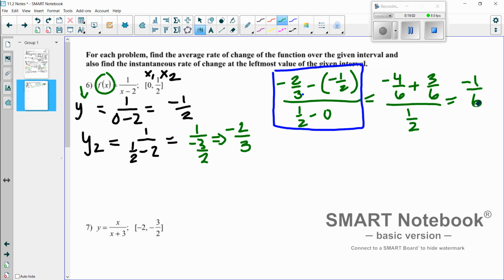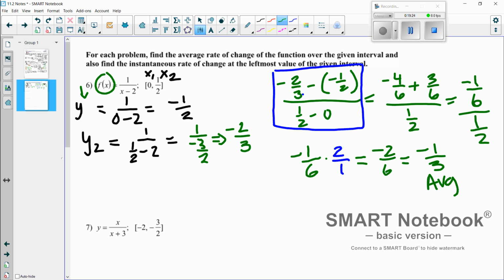And again, we have to divide that by 1/2. Now, let's just do that down here. Negative 1/6 multiplied by the reciprocal of 1/2 would be 2 over 1, right? And that's going to be negative 2 over 6, or negative 1/3. So there's your average rate of change. Average is negative 1/3, okay?